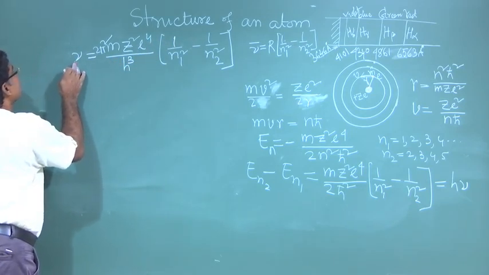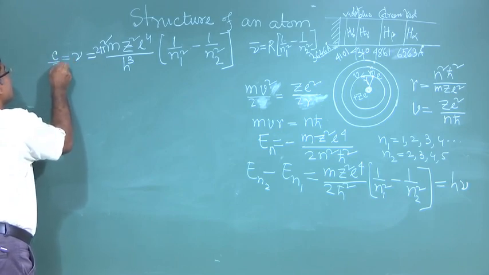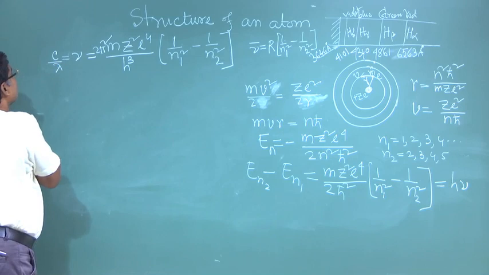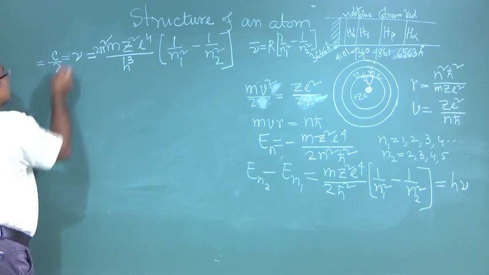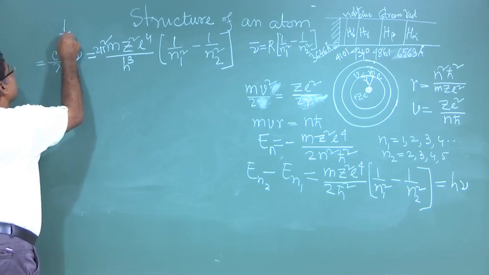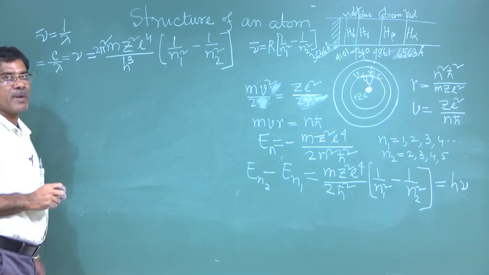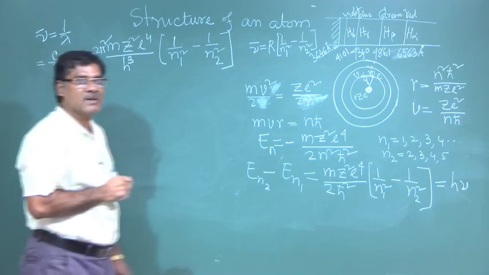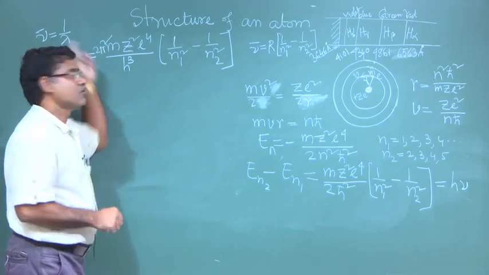So, nu equal to C by lambda. So, 1 by lambda is generally written as nu bar, the wave number. Okay.